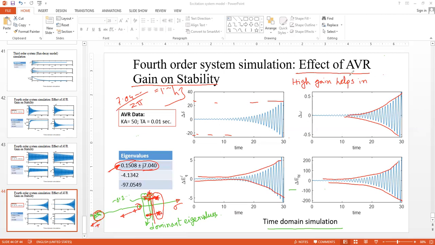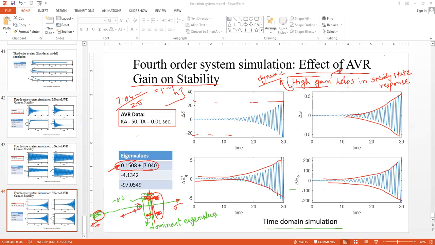So high gain of the exciter, high gain of the AVR, actually helps in steady state response. But high gain of the exciter actually hampers the dynamic response, as we have seen.